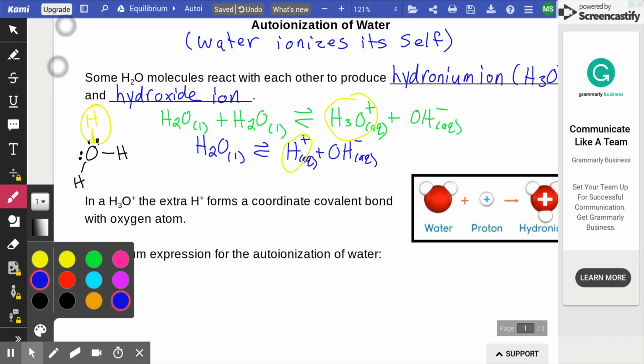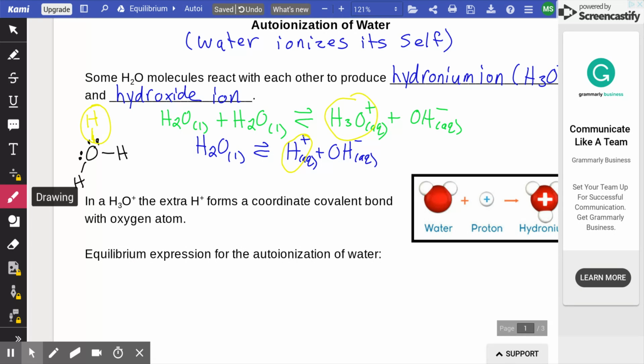So in a hydronium ion, the extra hydrogen ion forms a coordinate covalent bond with the oxygen, right? So it looks like this picture here. And what we know is a coordinate covalent bond is when the oxygen gives both electrons to form the bond.